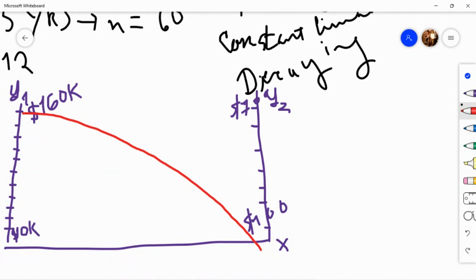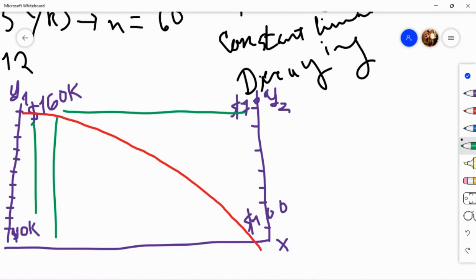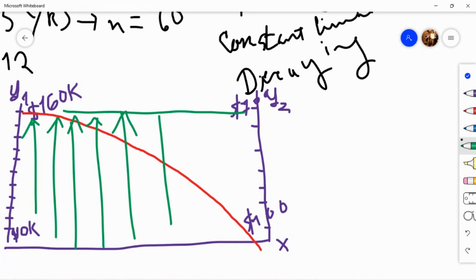And then for the monthly payment, we use the right vertical axis, and so the highest point is 700.